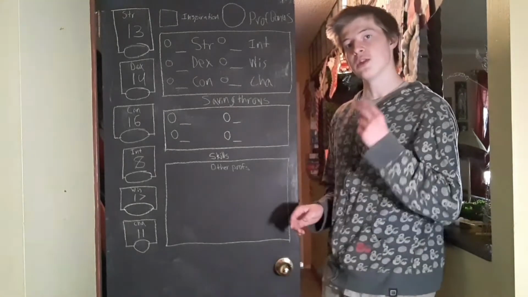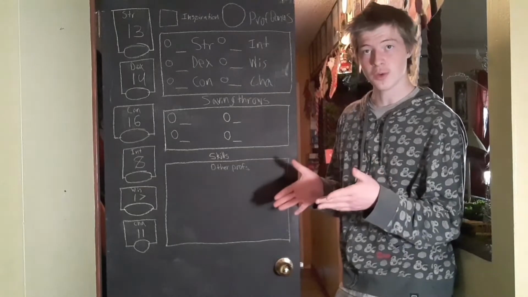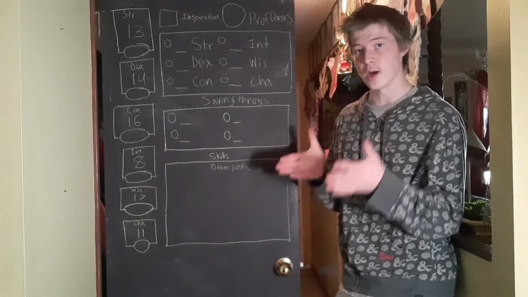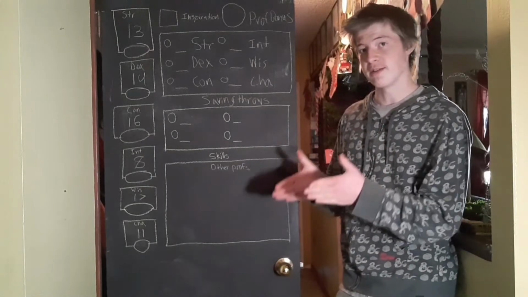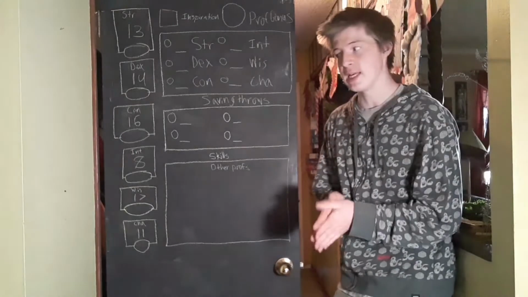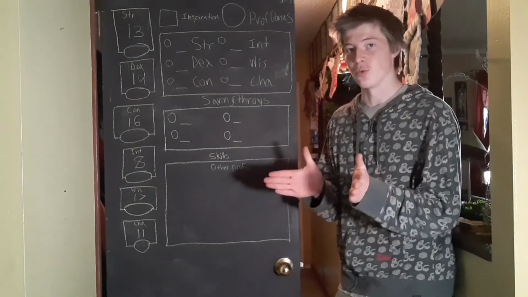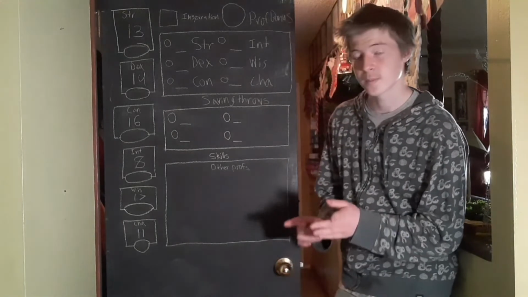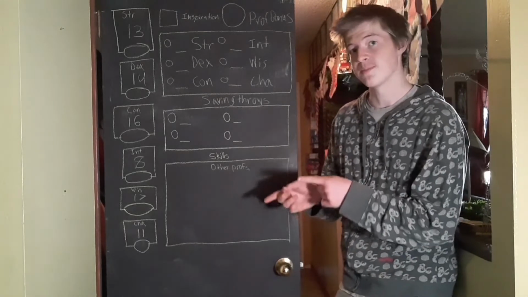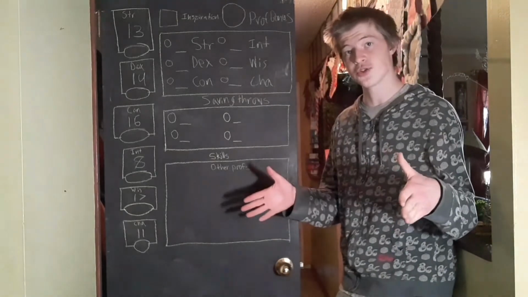Now, the other two formats are much more precise, where you definitely know that you're going to get what you want, but you're not necessarily going to get very high numbers. I prefer rolling because it makes D&D feel less like a video game and more like something totally random and really fun.